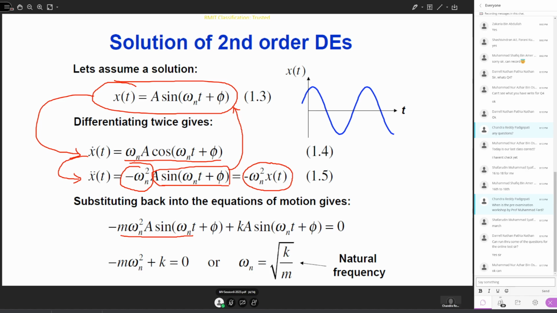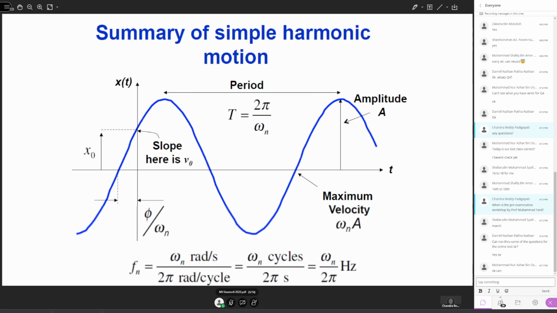From this you can write minus m omega n square plus k is equal to 0, because you can cancel out the common term A sine(omega n t plus phi). So from here, you can show that the natural frequency of the system is the square root of k by m. So you may be using this formula to calculate the natural frequency of the system when you know the stiffness constant k and mass m.